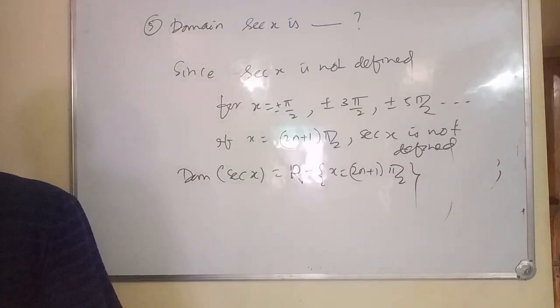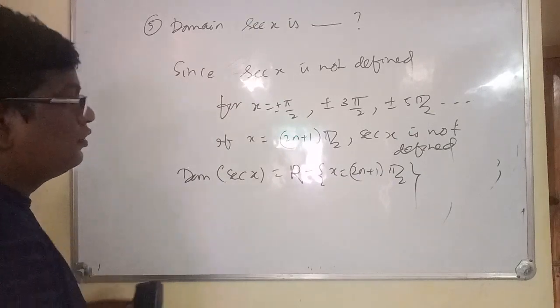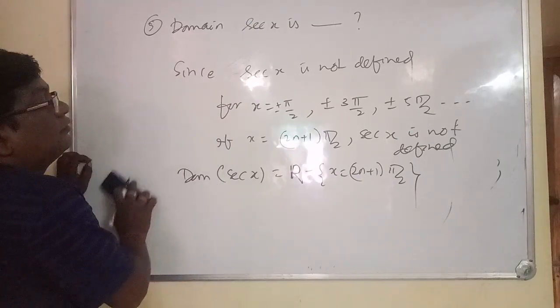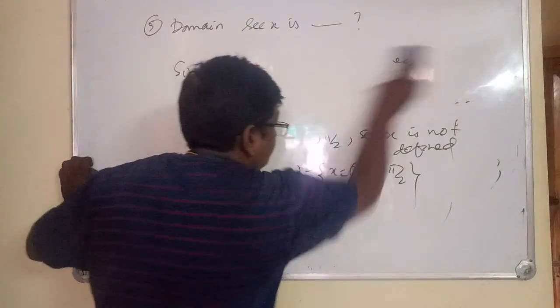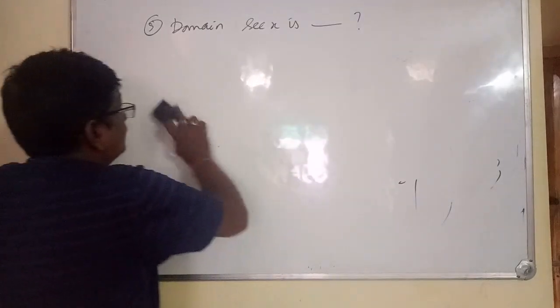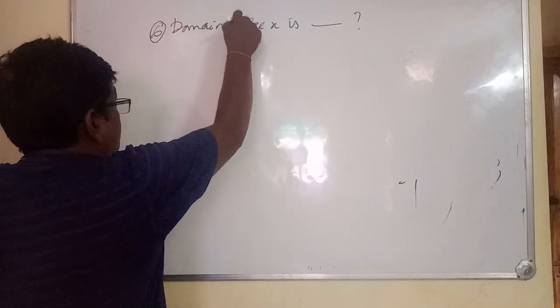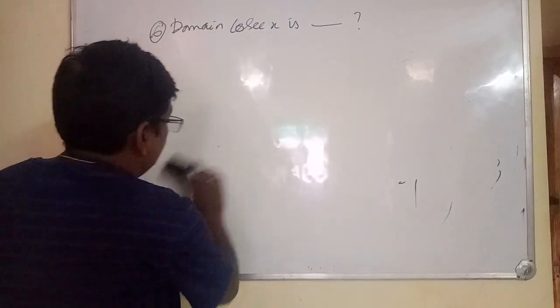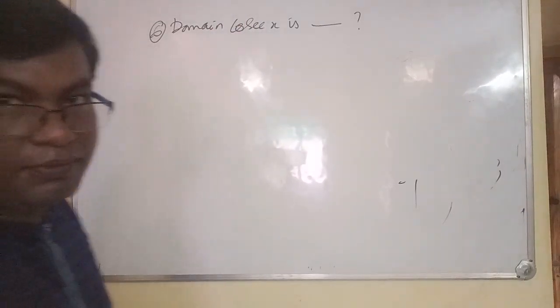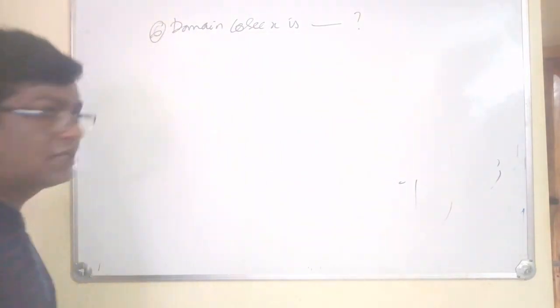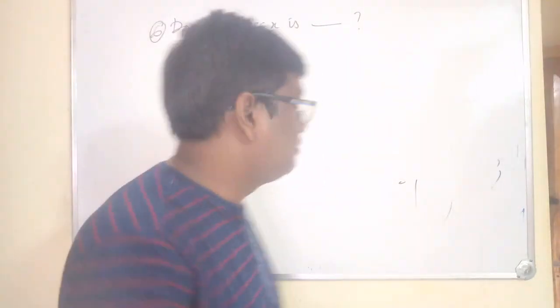Clear? Then what is the domain of cosec x? Cosec means 1 by sin, cot means cos by sin. So the domain of cosec x is equal to the domain of cot x.